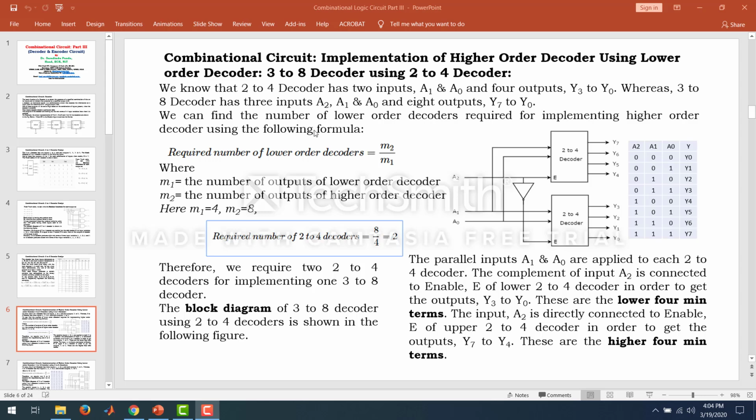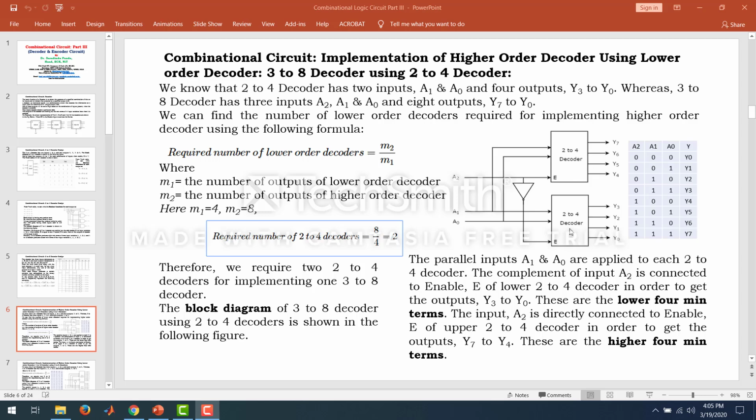We can find the number of lower order decoders required for implementing the higher order one using the formula M2 by M1, where M1 is the number of outputs of the lower order decoder and M2 is the number of outputs of the higher order decoder. Here the higher order decoder is the 3 to 8 decoder, so M2 is 8 and M1 is 4. So the required number of 2 to 4 decoders is 8 by 4, equal to 2. So two 2 to 4 decoders are needed.